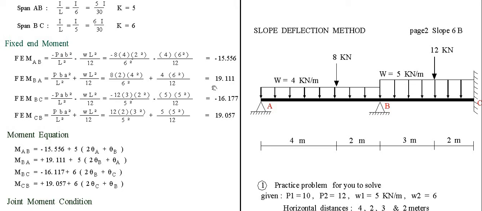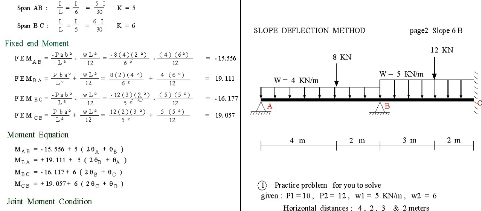Okay, for the next span BC, we have a concentrated load of 12. From B, we have 12 times near distance of 3 times far distance of 2 square divided by 5 square.